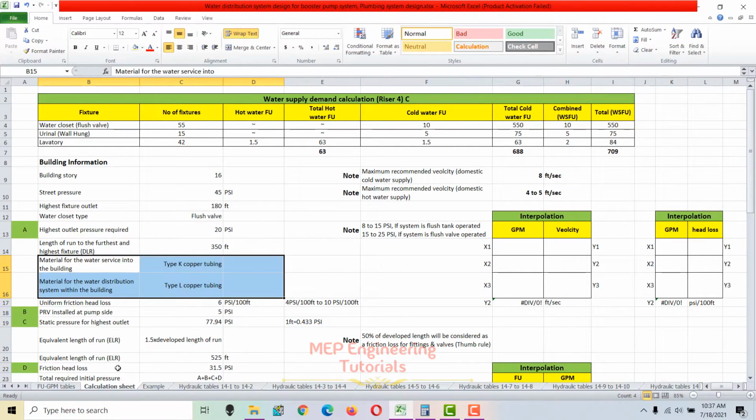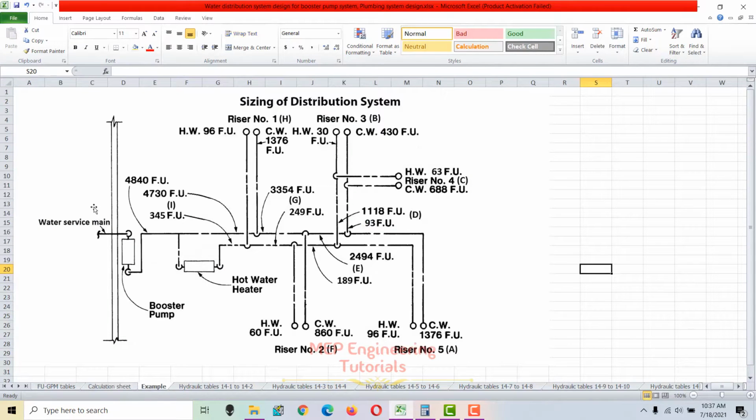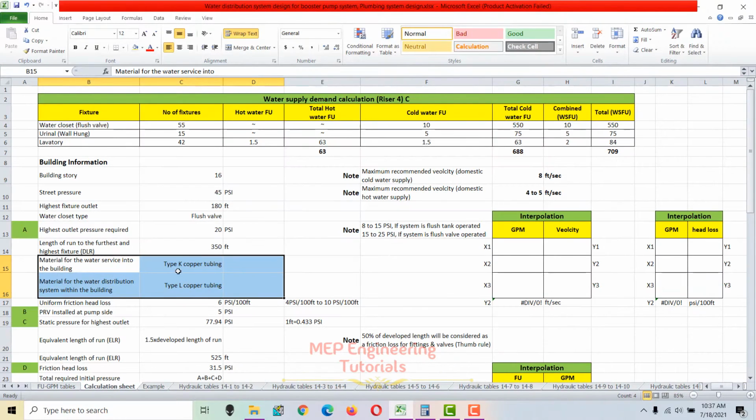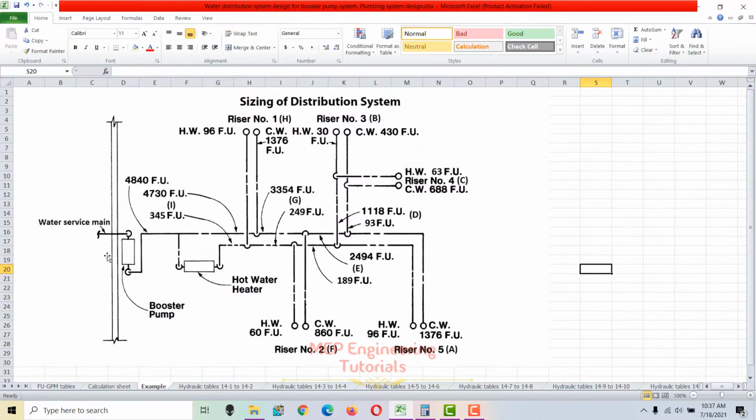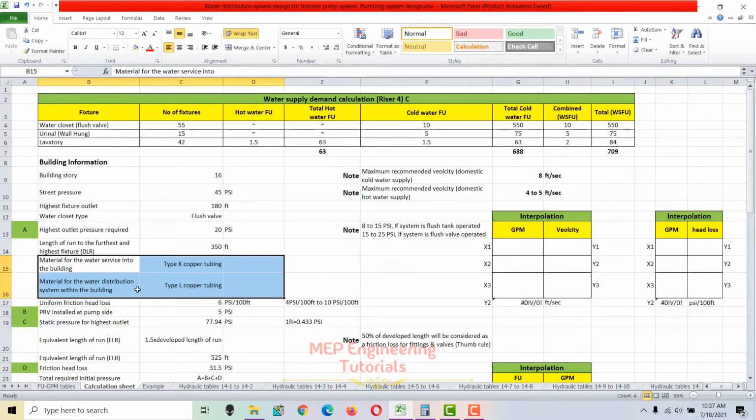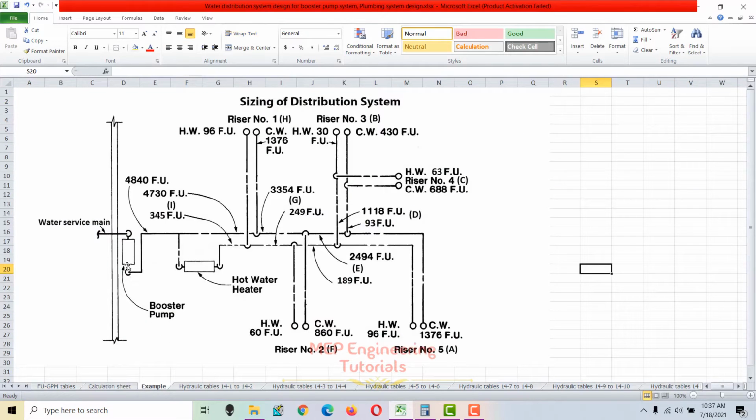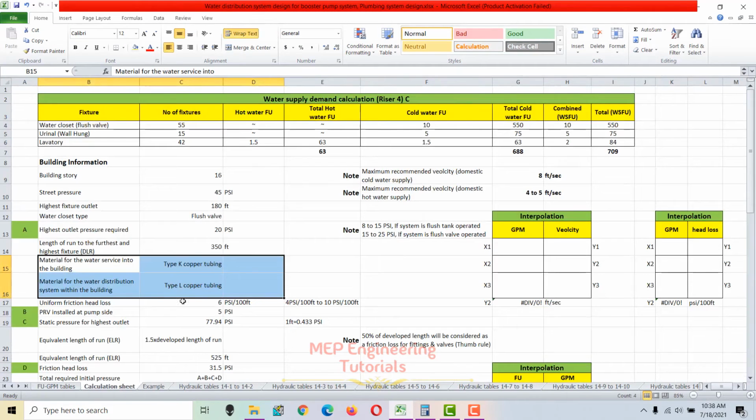If you see here, this is the water service, this is the street main, and this one we are talking about is type K copper tubing. And for the other one, material for the water distribution system within the building is type L copper tubing. So from the pump discharge within the building, the piping is type L copper tubing.